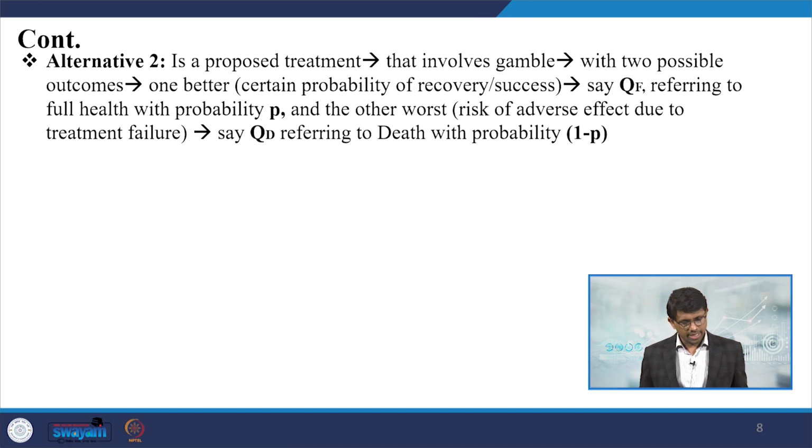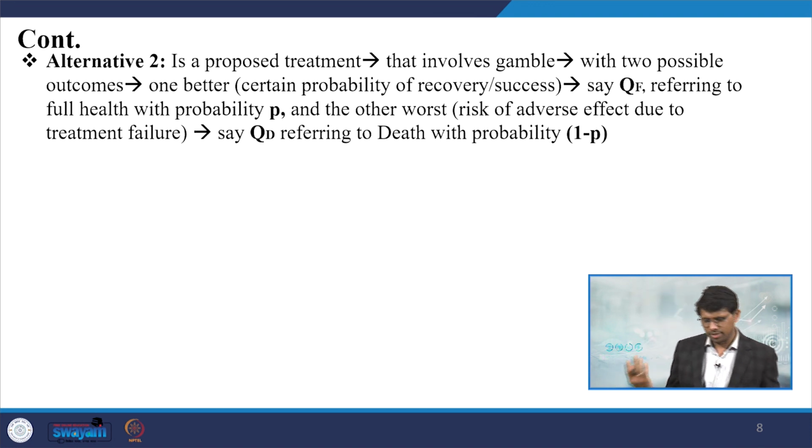The second alternative is a proposed treatment that involves a gamble with two possible outcomes, one better, with a certain probability of recovery and success. So, say it is QF referring to full health with probability P, and the other outcome might be that the health condition is worse, or it is attached with risk.